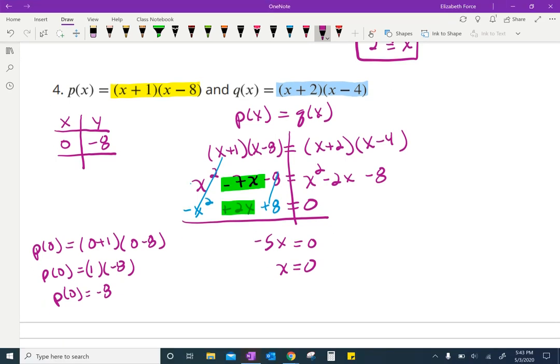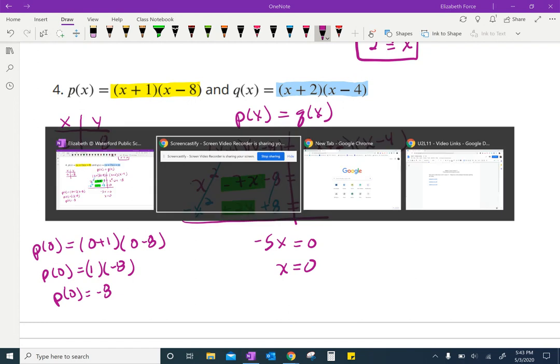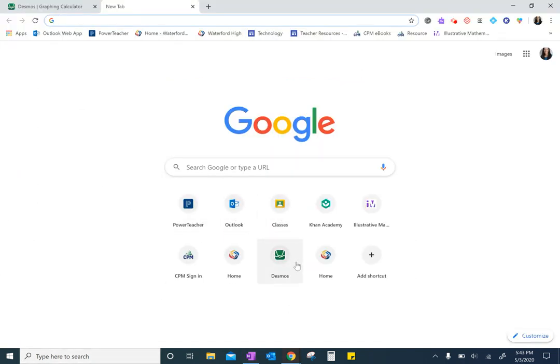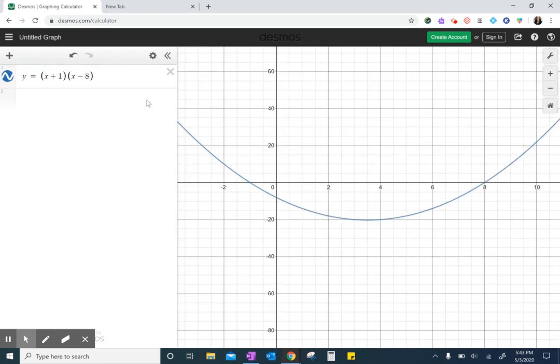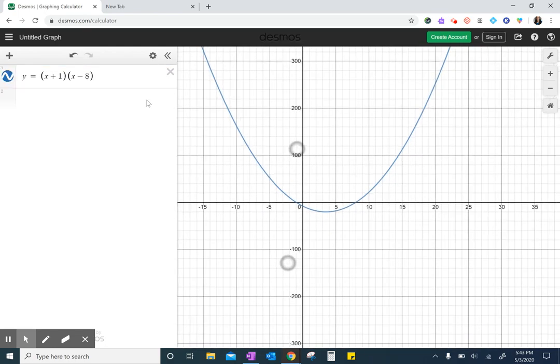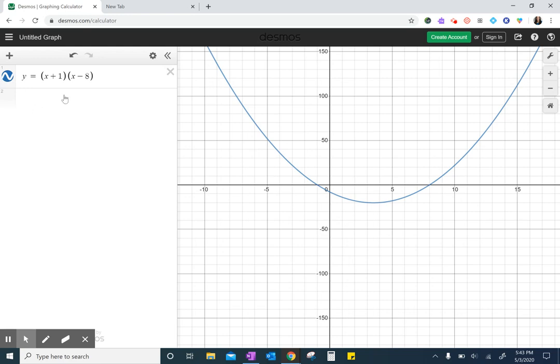And let's go over to Desmos and check our answers. Y equals x plus 1, x minus 8. There's our quadratic number 1 there. You can zoom out there.